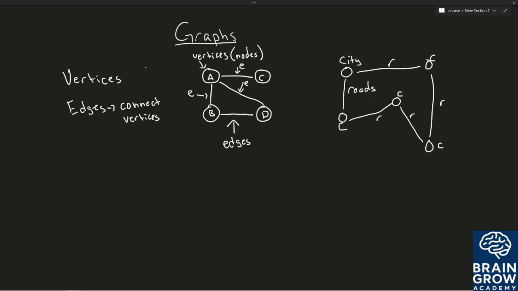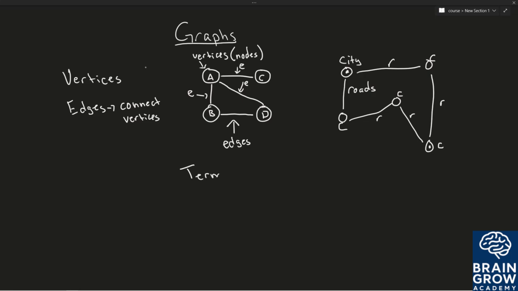Now we can use an algorithm to figure out the quickest way to get from this city to this city, because this road and this road might have more traffic than taking these three roads. That's just one use case for a graph. Think of it as cities, and then you take the edge, aka the road, to get to the next city, and so on until you hit your desired destination.